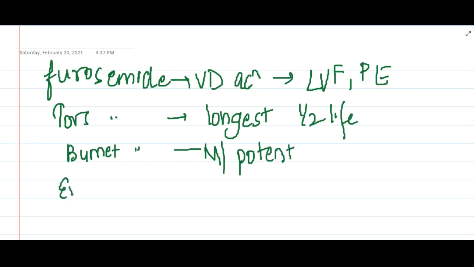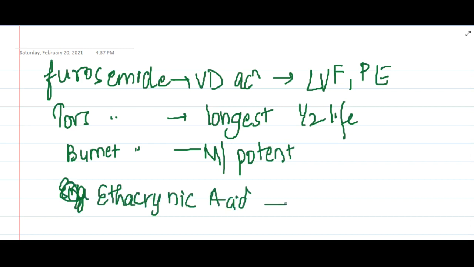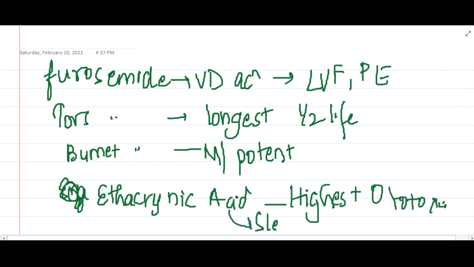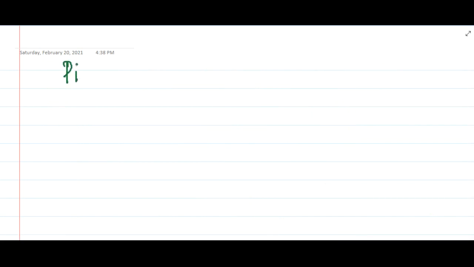Then we have ethacrynic acid. This ethacrynic acid is the loop diuretic with the highest ototoxic level. This ethacrynic acid also has a steep DRC, dose response curve. We also have other drugs like piretanide and triflocin.